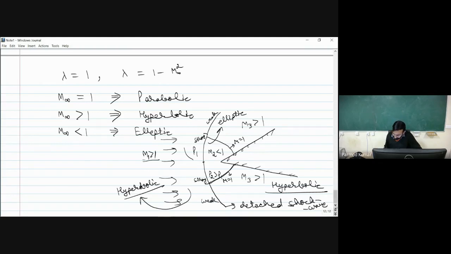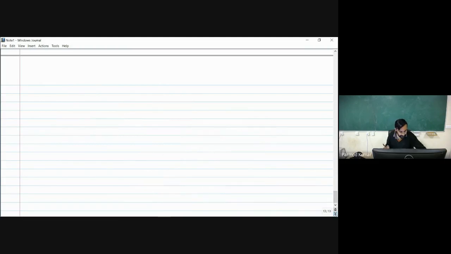Now let me give you one more example. I have considered, say, one transient convection equation. Okay, so I have considered some transient convection equation, and if you see, the order of this transient convection equation is nothing but one only.